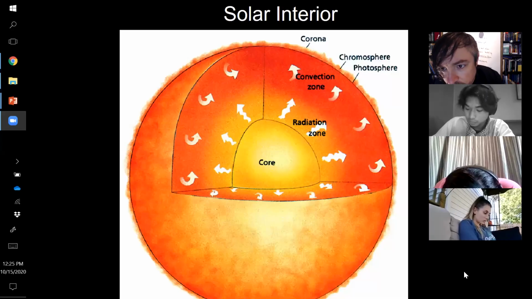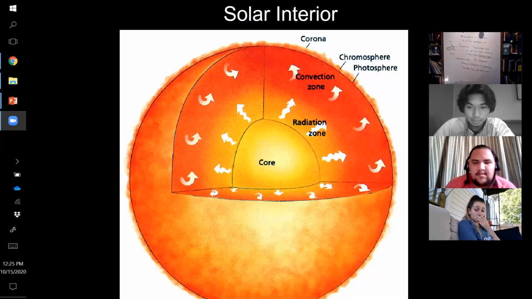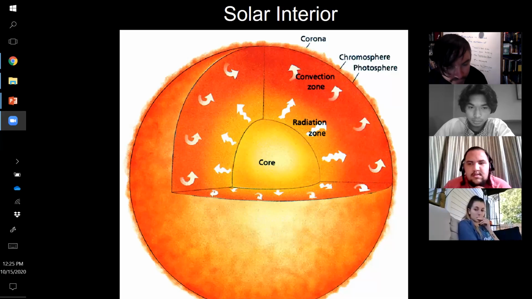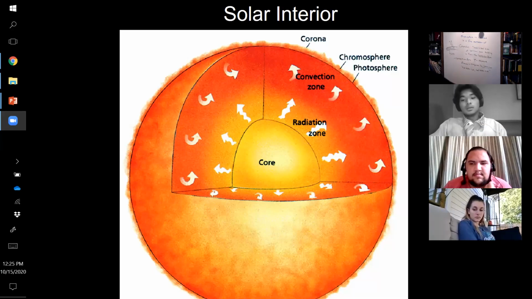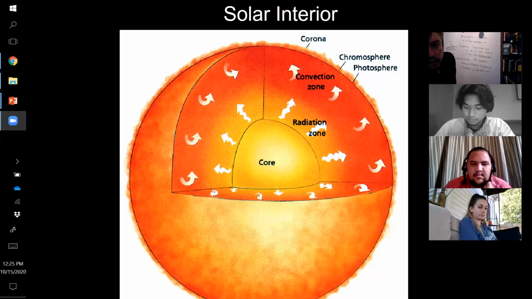Class, what are the three modes of energy transport in nature? There are three methods by which energy is transported. What are they? No. Yeah, you're thinking of the three types of spectra.